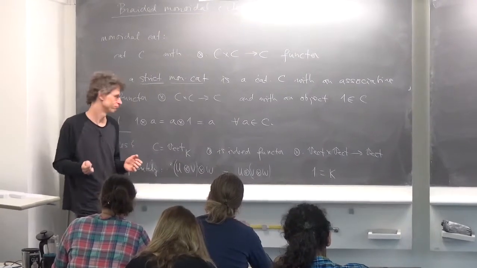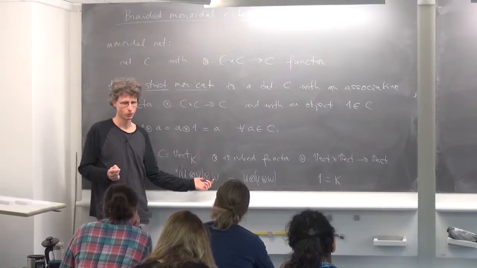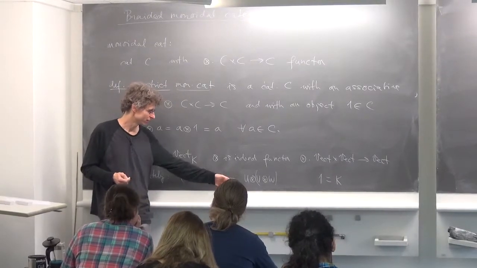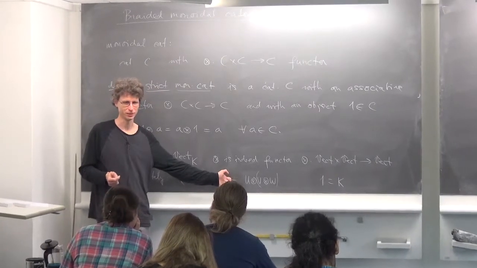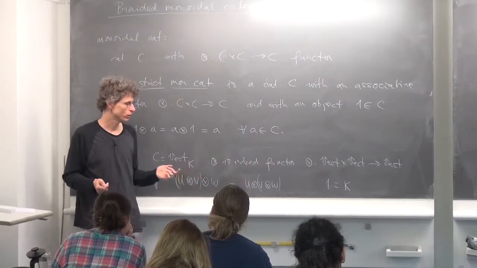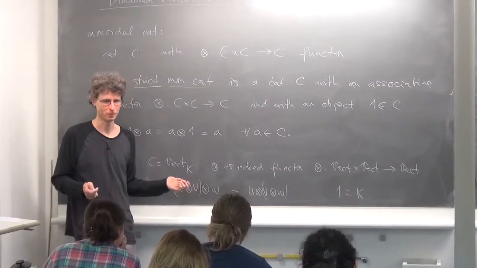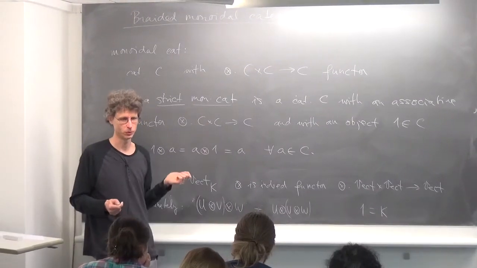Why would they ever be equal? They are not equal, but they are so canonically isomorphic that they are basically equal. So it's like nitpicking, but we're actually going to use this nitpicking. That's the reason why I want to write a true definition of a monoidal category.